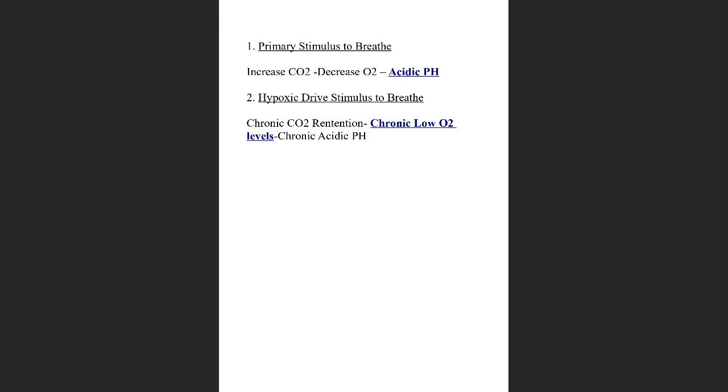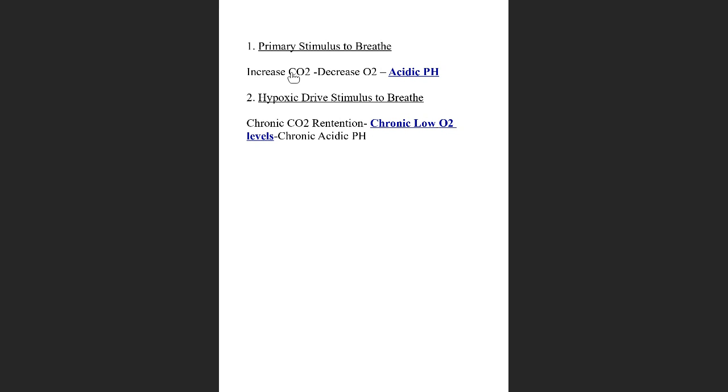Now, in a normal adult patient, when there is an increase in the level of carbon dioxide, that will lead to a drop in the level of oxygen.